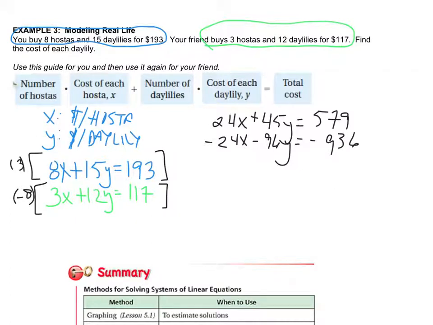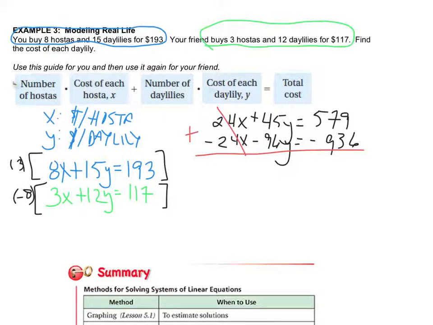They are still the same equations, but they look differently so that this fits what we're trying to do. I have columns lined up. I have opposite coefficients on one of the variables. So that tells me I can go ahead and add them together. The 24x and the negative 24x eliminate. And again, that's really what we are trying to get here.